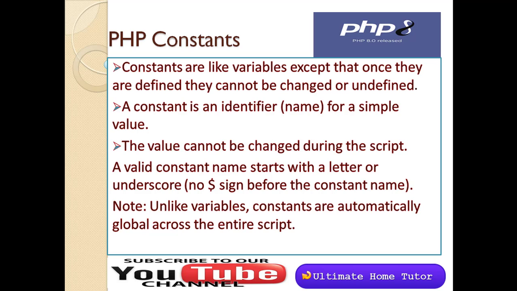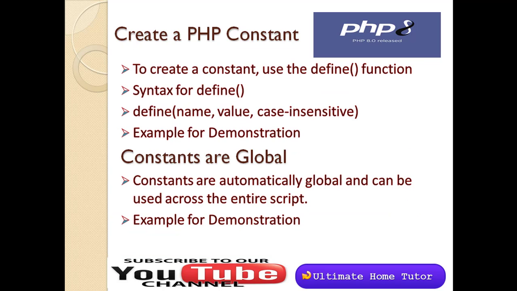Basically, constants are created with some syntax; we have to use the define function to create a constant. The syntax for define is define, the name, comma, value, case sensitive. The third argument says whether it is case insensitive; by default, case insensitive is false.